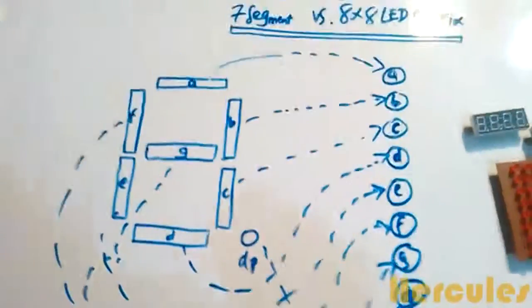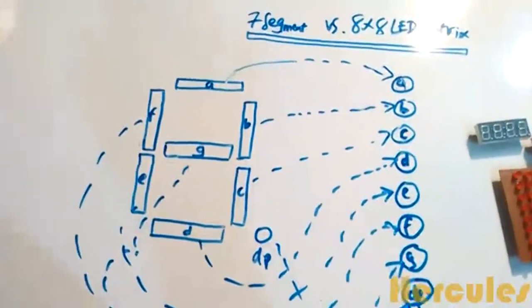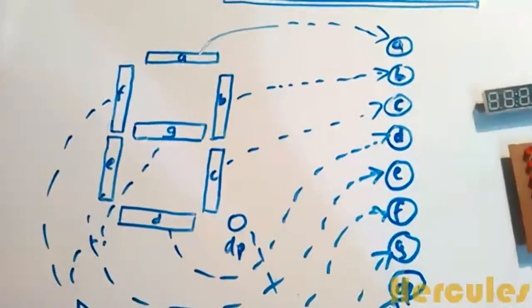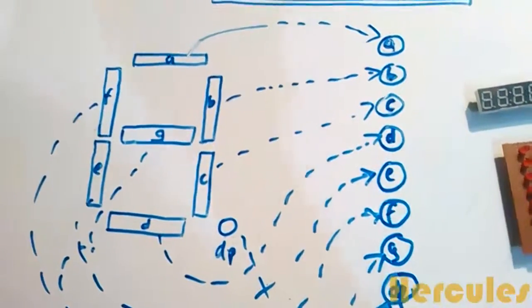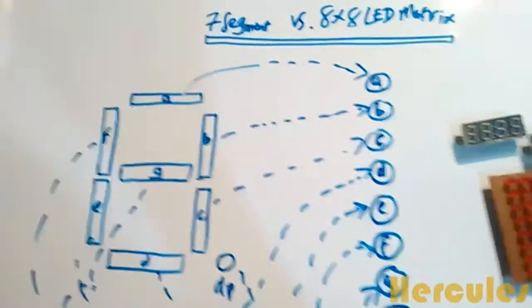So we can actually see that they are physically arranged differently. That's just the difference between the 7 segment and the 8 by 8, but they are the same.